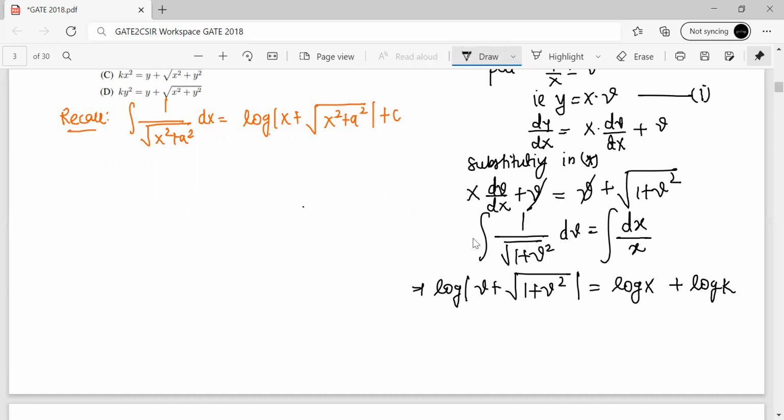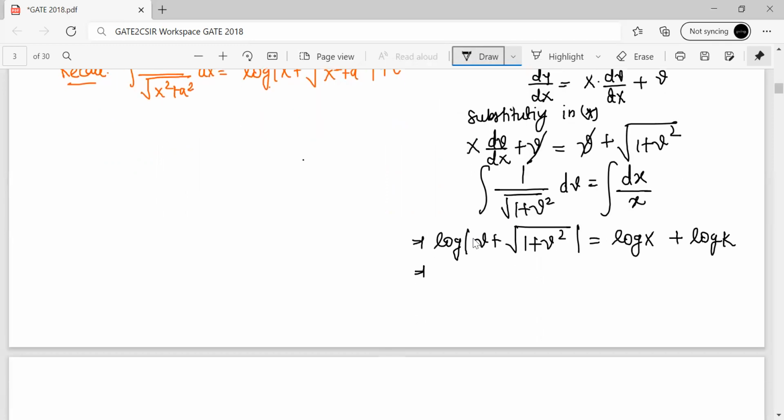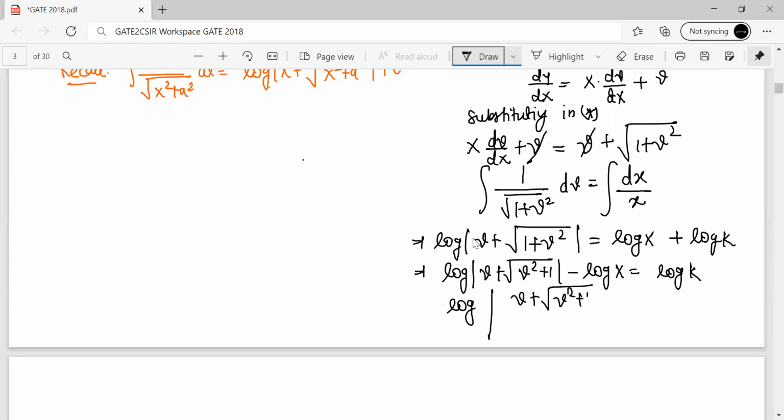Now let's simplify the problem further. That will give me log of v plus under root v square plus 1 minus log x equal to log k. And now by the property of logarithm, you get log of v plus under root v square plus 1 over x equal to log k.